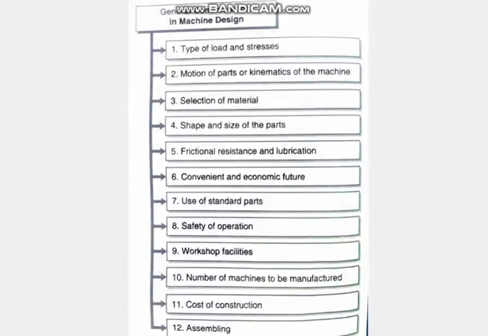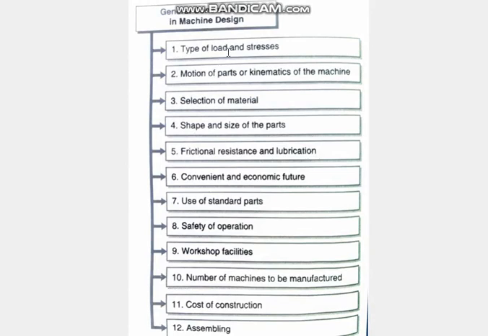Suppose we have decided to design a machine, and the first step is what are the various types of loads that are going to act upon the component, because of which some internal stresses will be developed. We have to find out what type of stresses are coming, what type of loads.